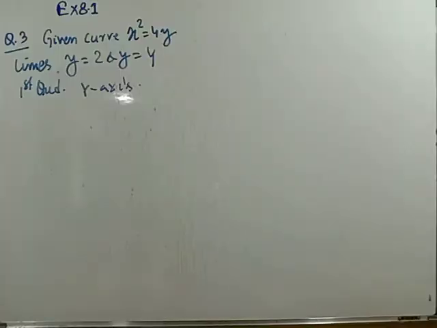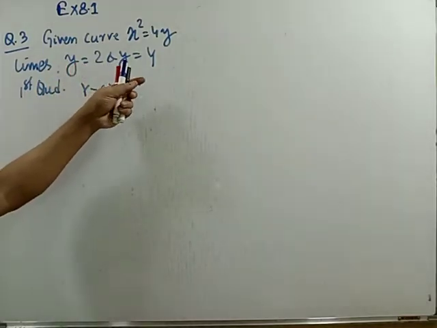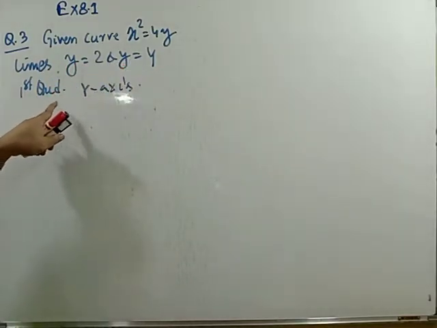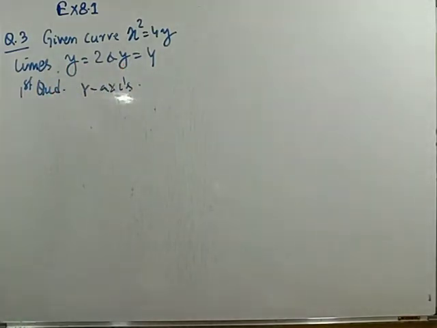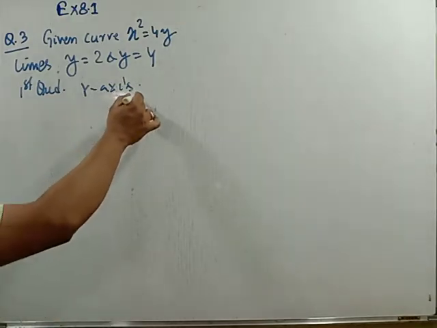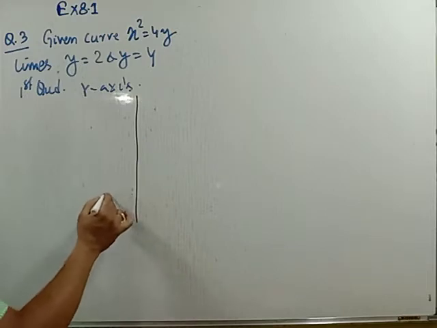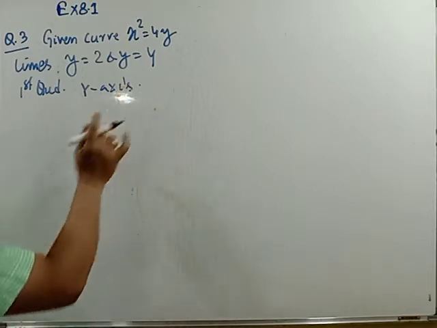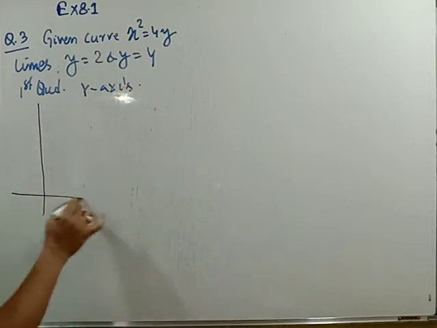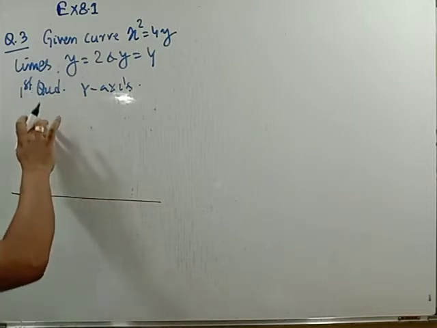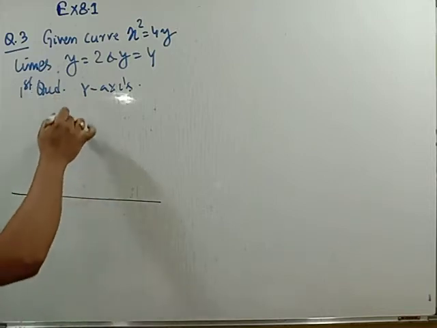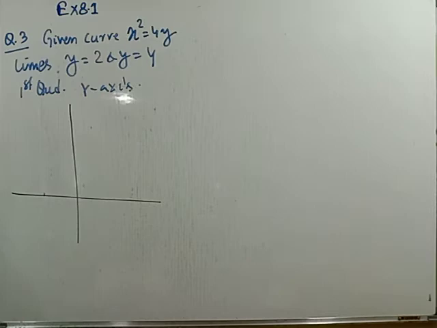Next question, question number 3. Given curve x square is equal to 4y, lines y is equal to 2 and y is equal to 4, first quadrant, y axis. Here we need to find this area. Step 1, sketch. x square is equal to 4y.